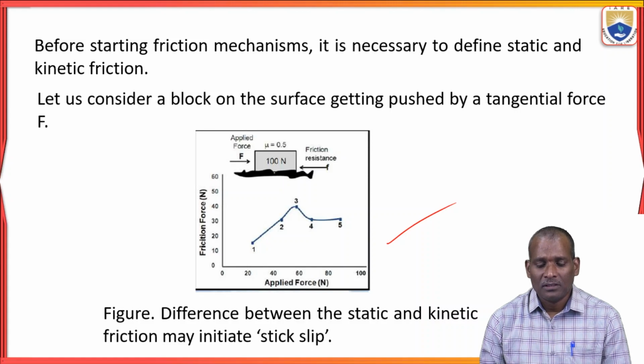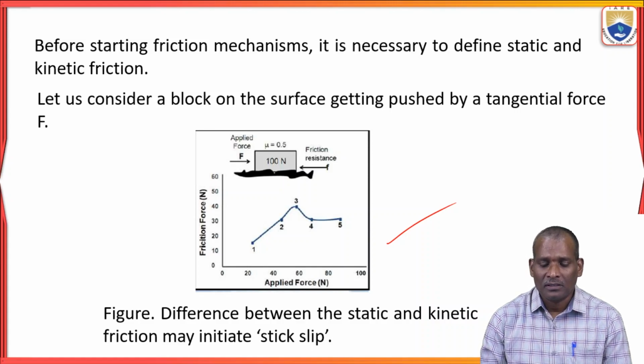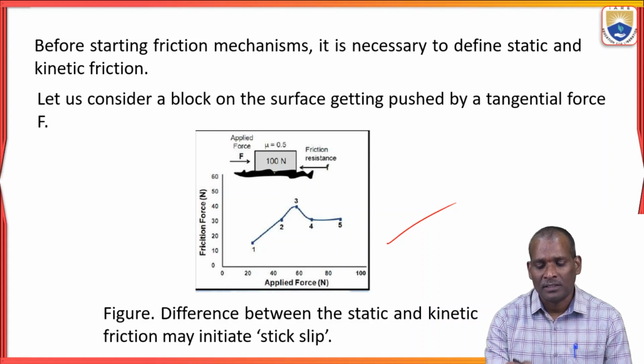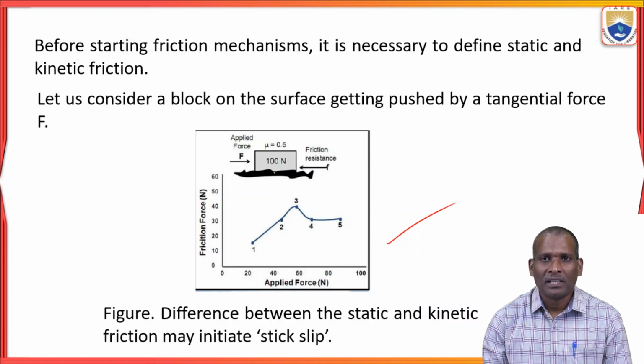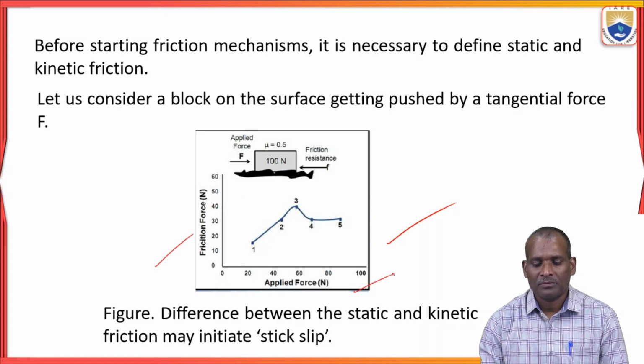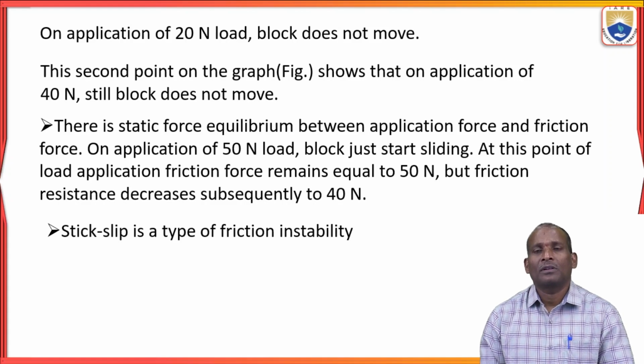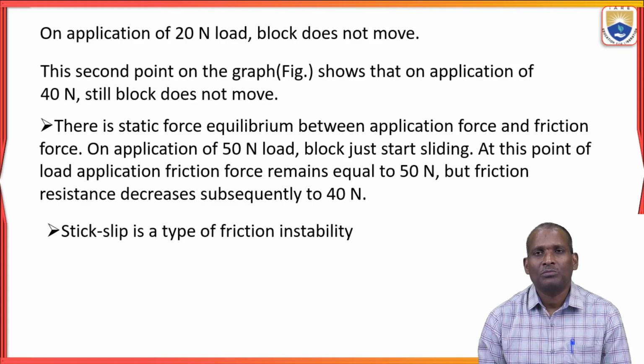Here a block has a weight of 100 newtons, and the applied force is acting in this direction. What is the relation between the frictional force and the applied force? On application of a 20 newton load, the block does not move.